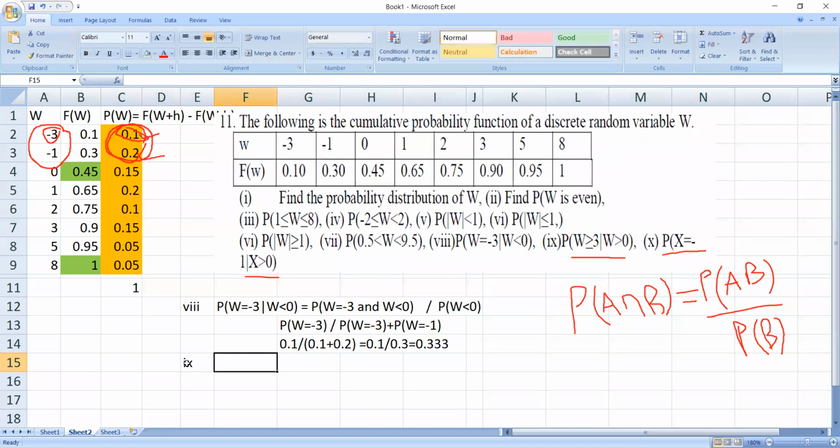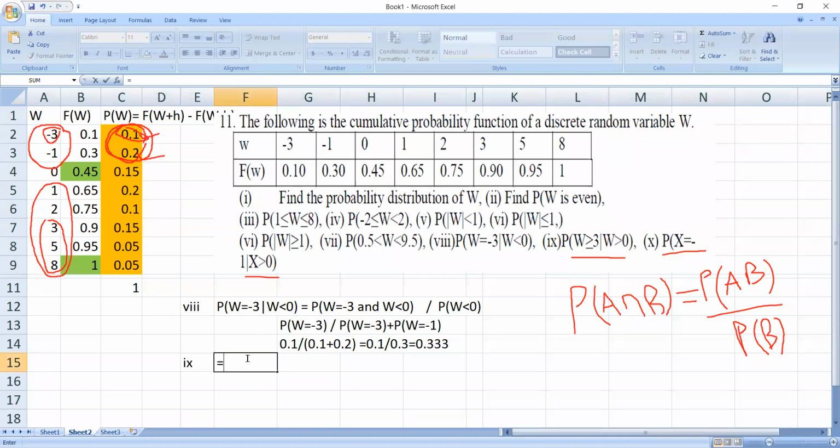10th one: greater than or equal to 3 given greater than 0. So it is also very simple. Greater than or equal to 3 gives this set, and greater than 0 gives this set. The common ones are 3, 4 and 5. So your answer must be the ratio of the sum of those probabilities.